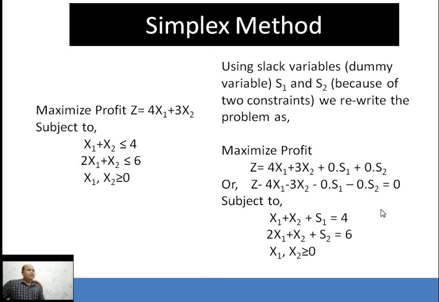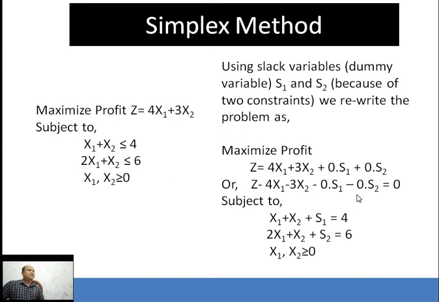Now here we put 0 multiplied by s1 and 0 multiplied by s2 in the objective function, because in the objective function there is no s, that is why we have put their coefficients as 0.